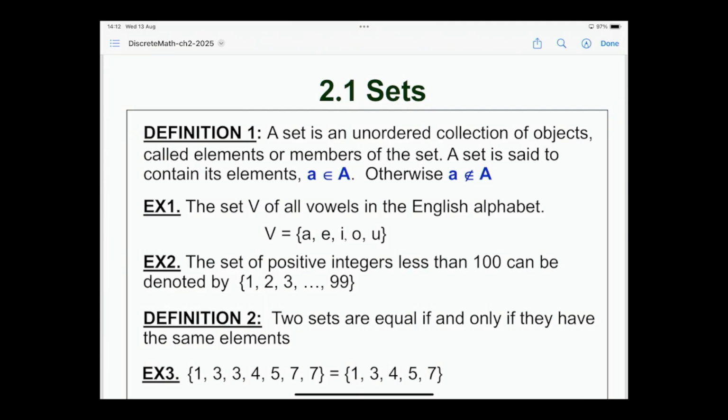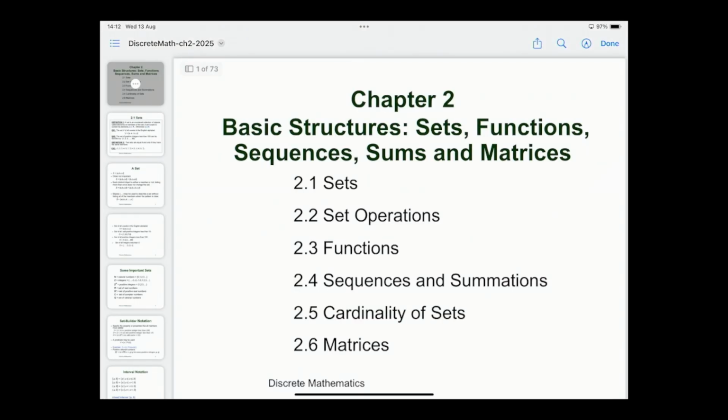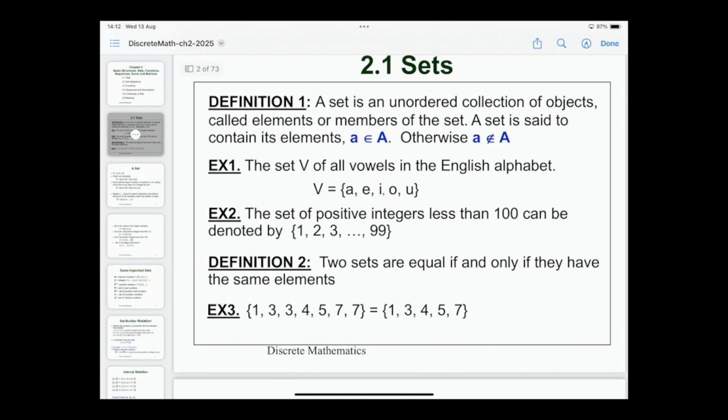We use a symbol like shown here, like A, smaller a. We use lowercase letters for members of the set mostly, and the capital letter for the name of the set. We can see examples here: a set of all vowels in the English alphabet, A, E, I, O, U. There are 5 members in the set.